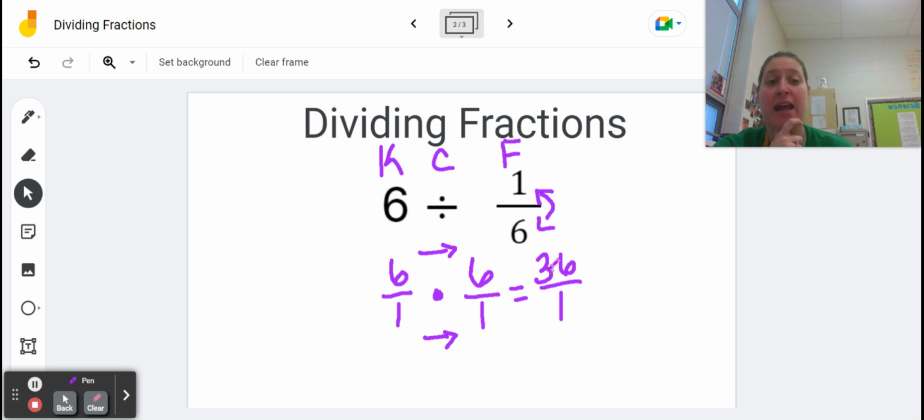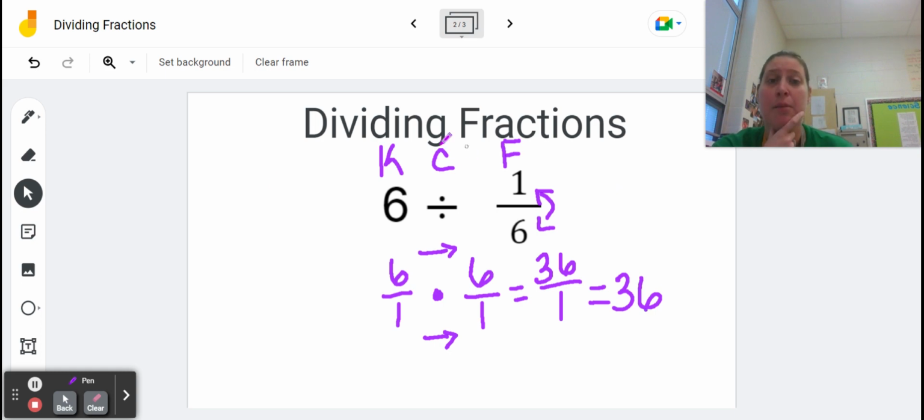Like I said, a fraction is nothing but a division problem in disguise. So I can do 36 divided by 1 to get my answer. We already decided that anything over 1 is just a whole number. So 36 divided by 1 is going to be 36. And that is the farthest that you need to simplify that.